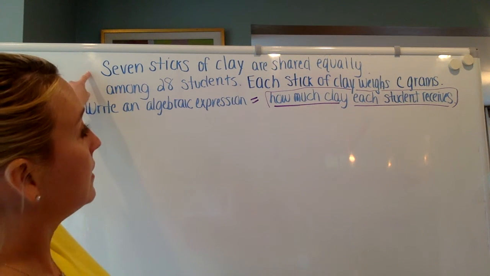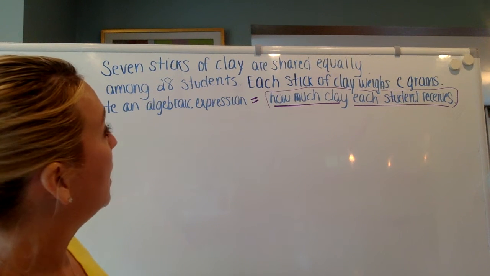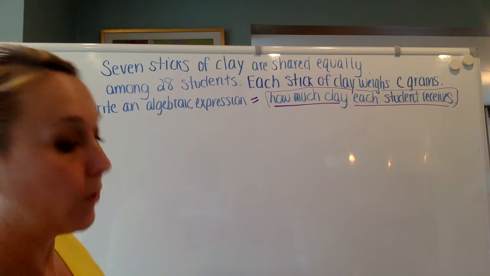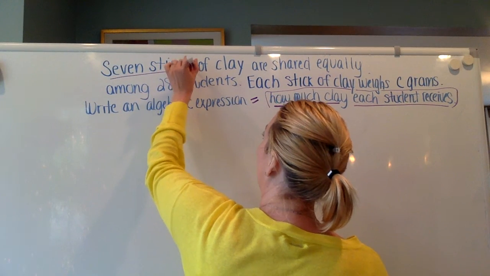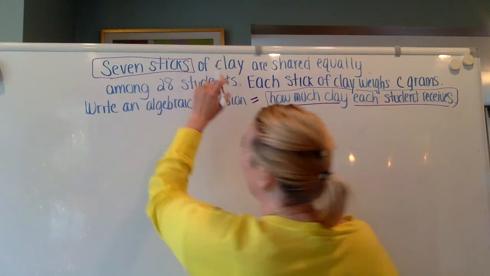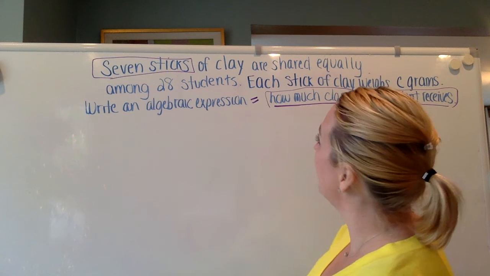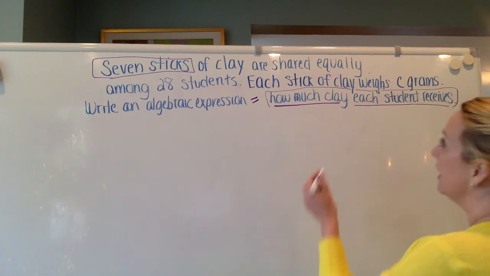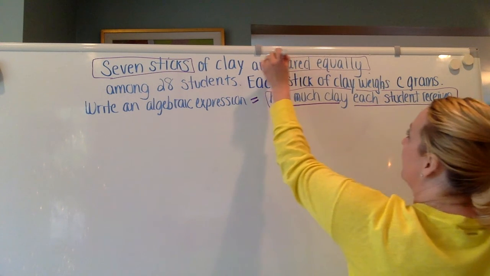So we have 7 sticks of clay that are shared equally among 28 students. So we've got 7 sticks. I don't need to say of clay, we know this whole problem is about clay. They're shared equally.